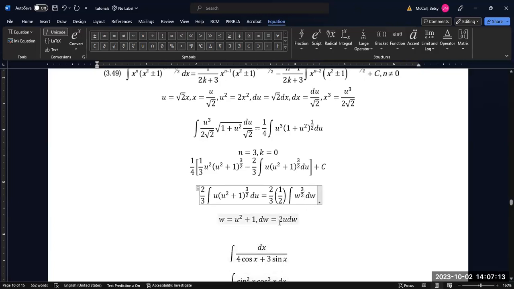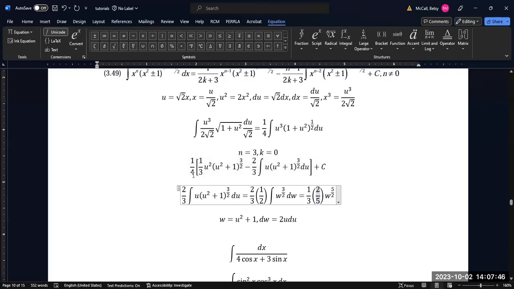Because we're going to divide this u du by 2 so that it's just u and not 2u. And when we do that, we're going to end up with 1/3 something w to the 5/2, and so this will be 2/5.